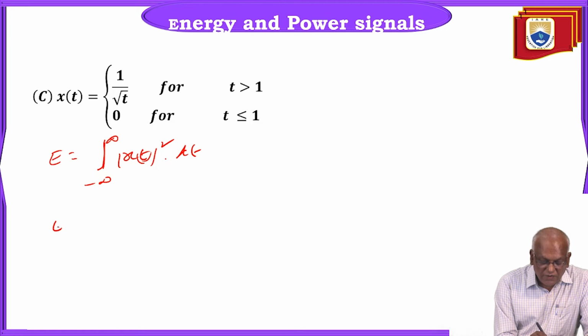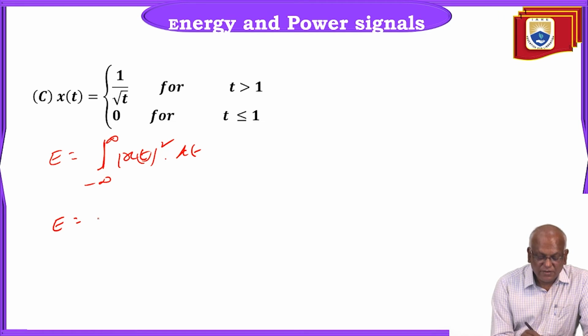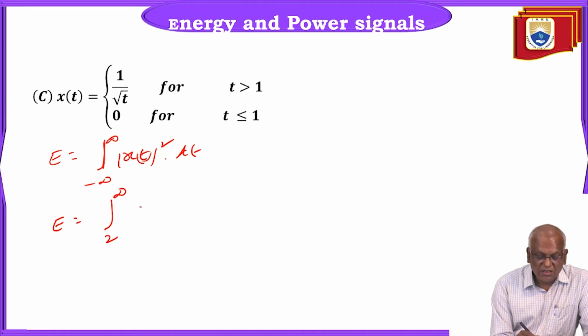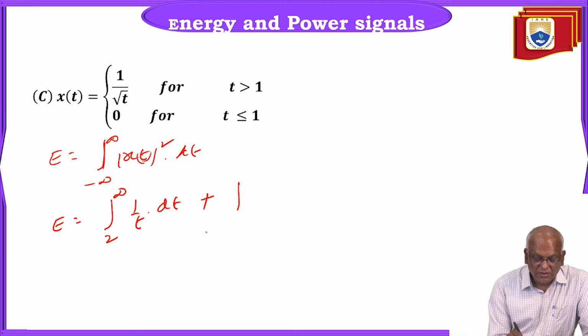Now E equals, by defining t greater than 1, the integral from 1 to infinity of x of t squared, that is 1 by t dt, plus the integral from minus infinity to 1 of this, 1 by t into dt.